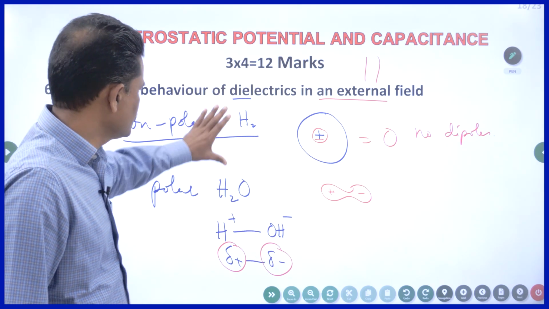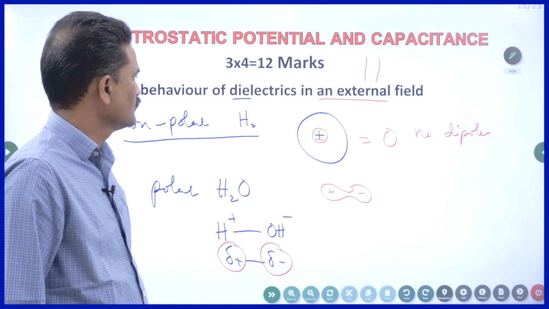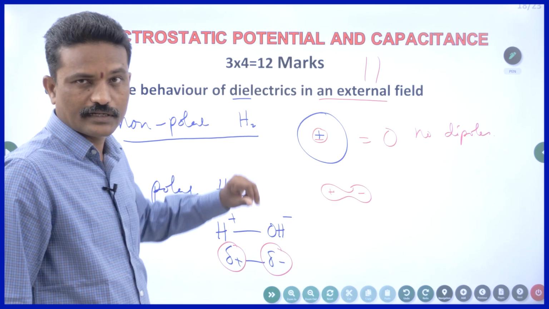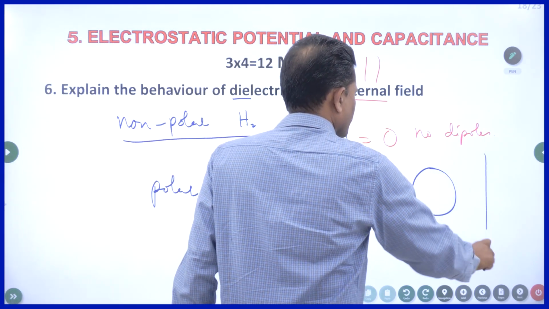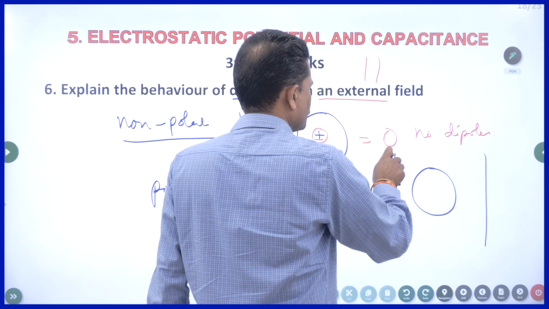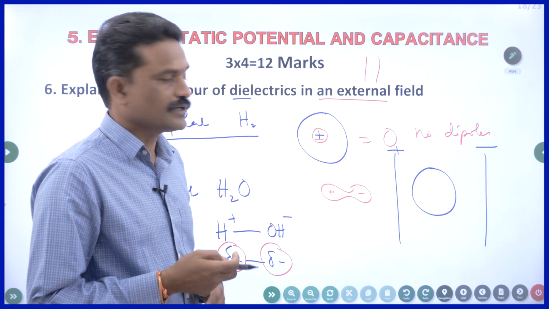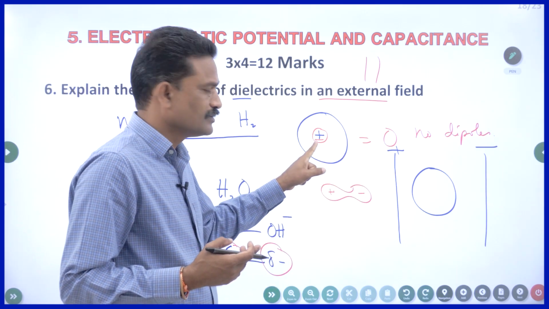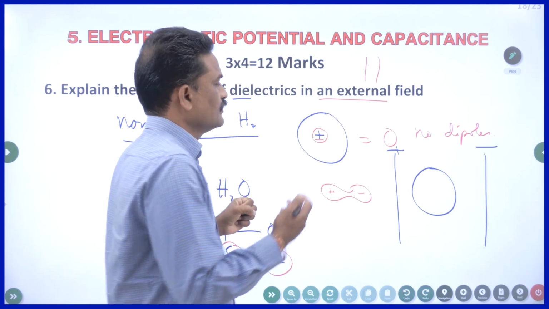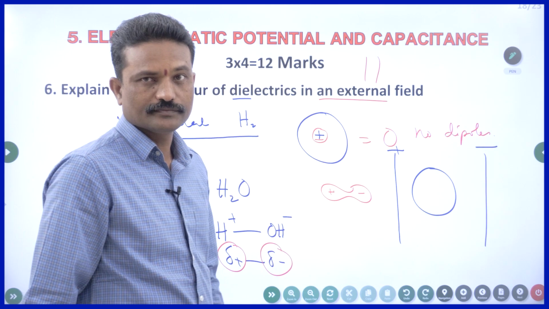When this is placed in the external electric field, what happens? When this is placed within the electric field, this plate is positive and this is negative. Due to electrostatic induction, this positive plate pulls the negative charge towards it, and this negative plate pulls the positive charge towards it.